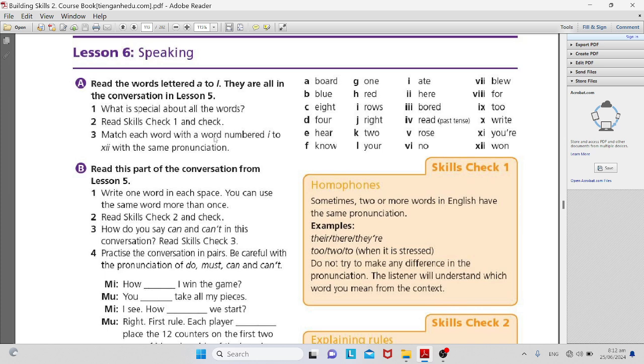Match each word with the word numbered with Roman numerals, from this to this. I will do half of them for you.